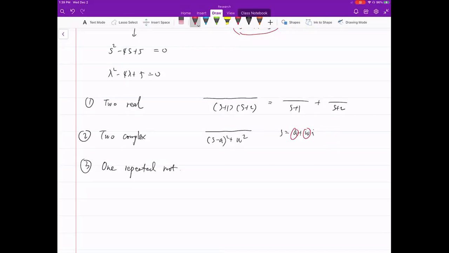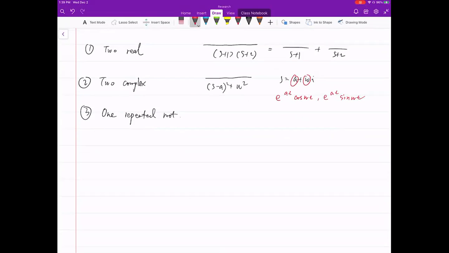So no doubt, this is going to be e to the at cosine omega t or sine omega t. No doubt. Sounds good?